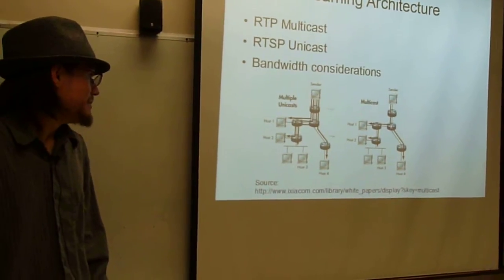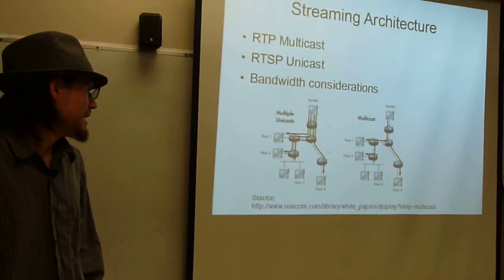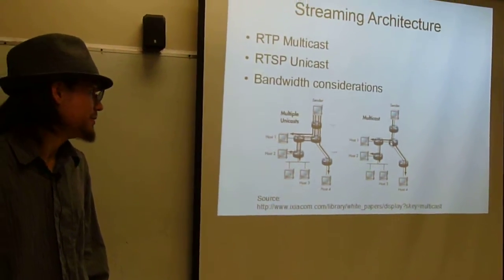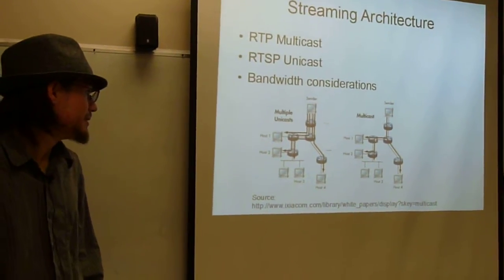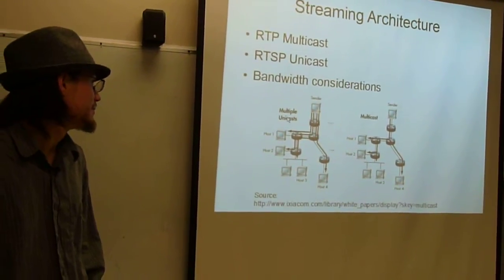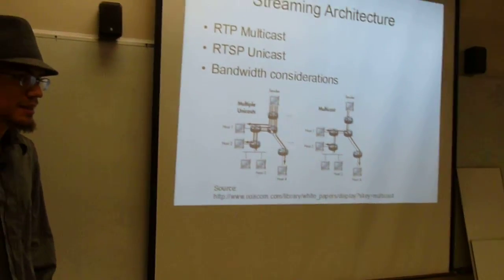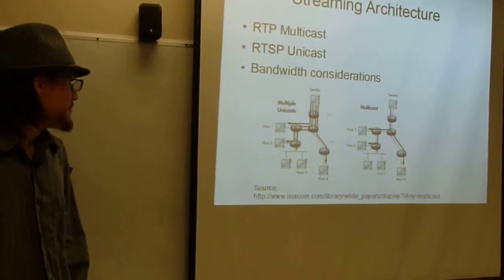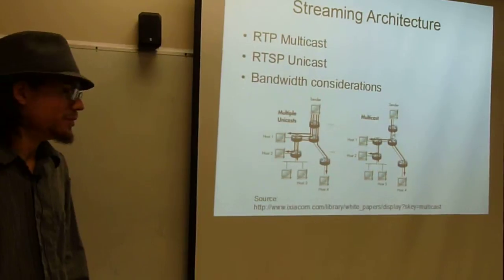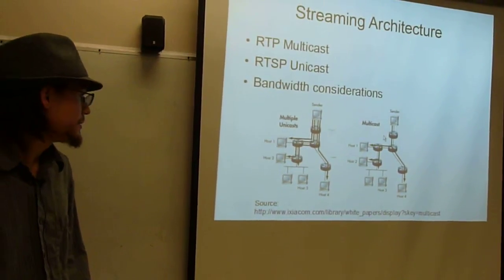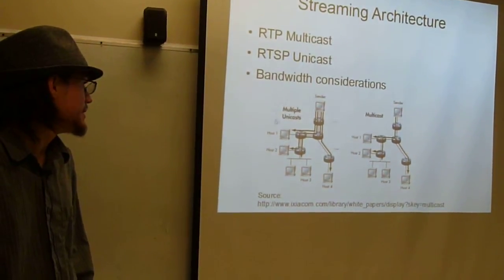It sends out one stream, and then at each junction point, the actual network hardware duplicates the data, so it's very efficient compared to multiple unicasts. This would allow us to support many more users connected to our streaming service than we would if we just used unicast.